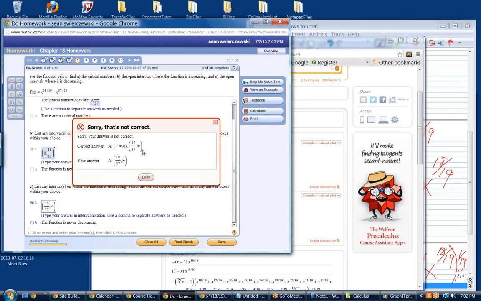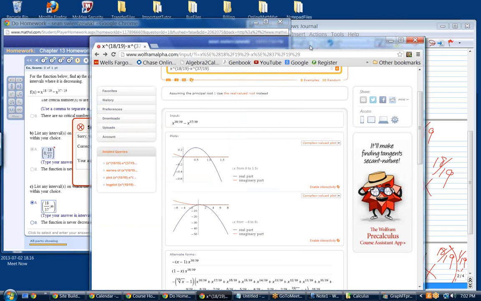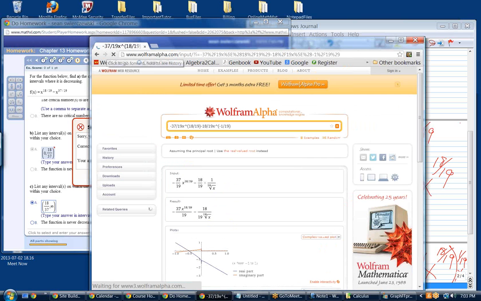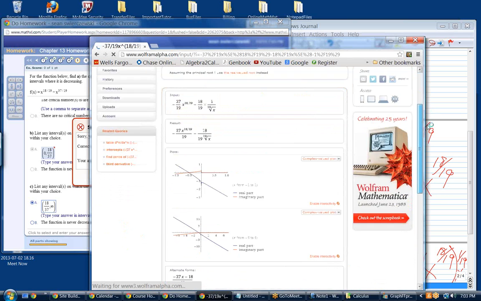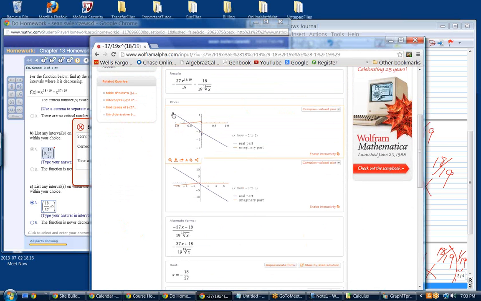Minus infinity to 0, comma, when we plotted that second function, it's got it decreasing.